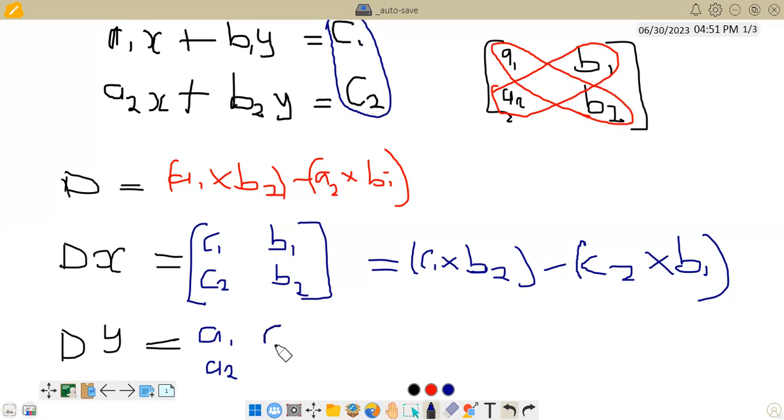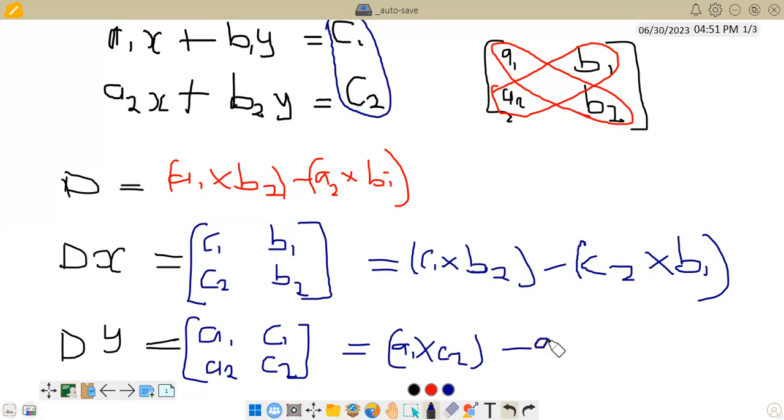So we have c1, then c2. So to find the determinant of this matrix is to say a1 times c2 minus a2 times c1.